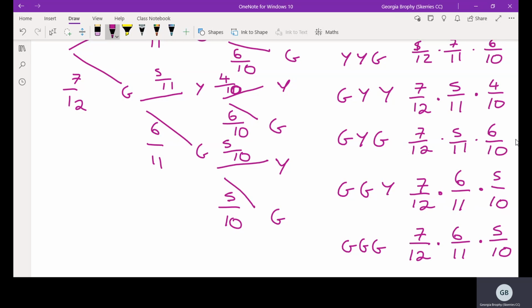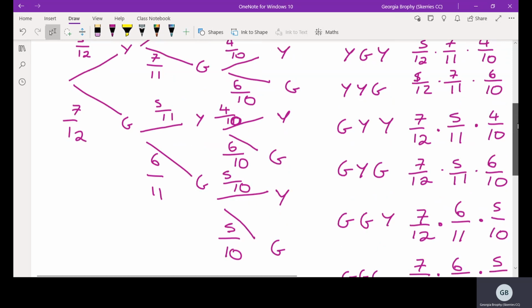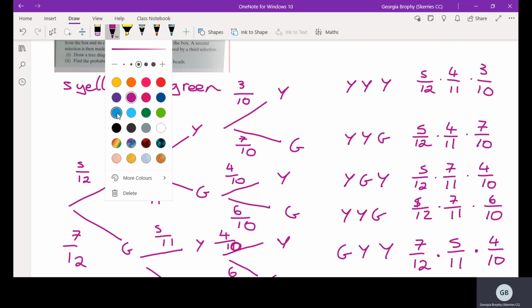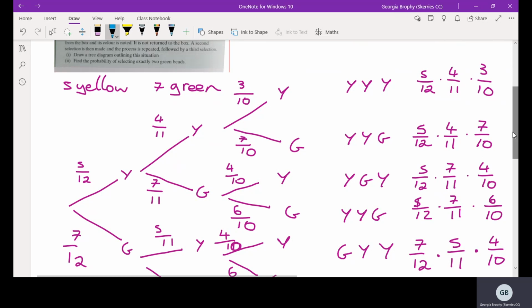Okay, the second part of this question. Find the probability of selecting exactly 2 green beads. We've done most of the work here. All I'm going to do now is look through my probabilities and see how many have me choose exactly 2 green beads. My first outcome there was yellow, yellow, yellow.